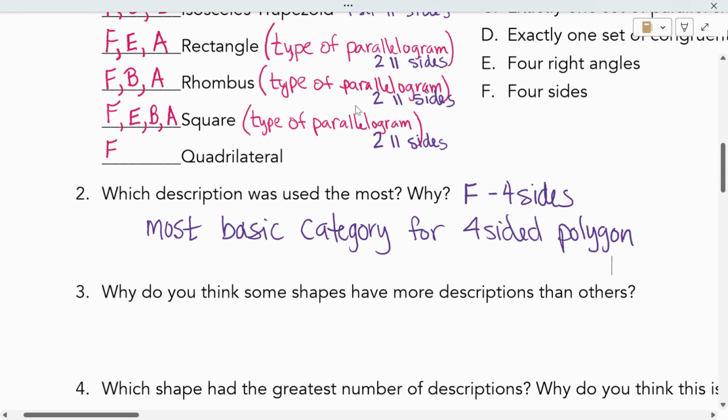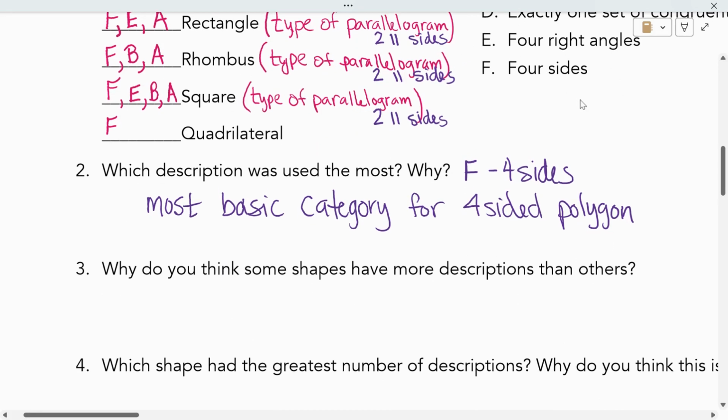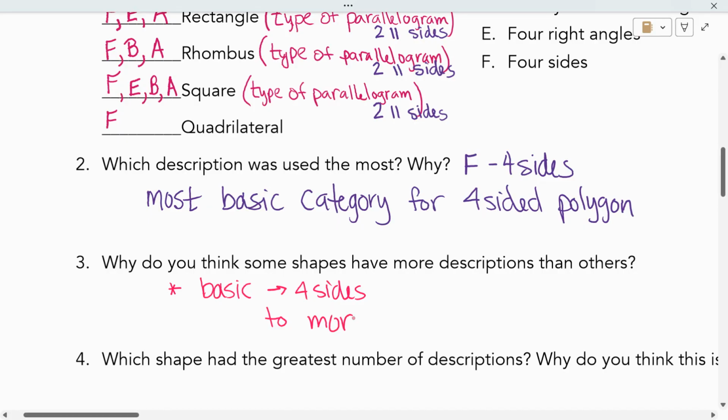Why do you think some shapes have more descriptions than others? Okay. So you go from basic, which is 4 sides, to more specific, like parallel sides or congruent sides, right?